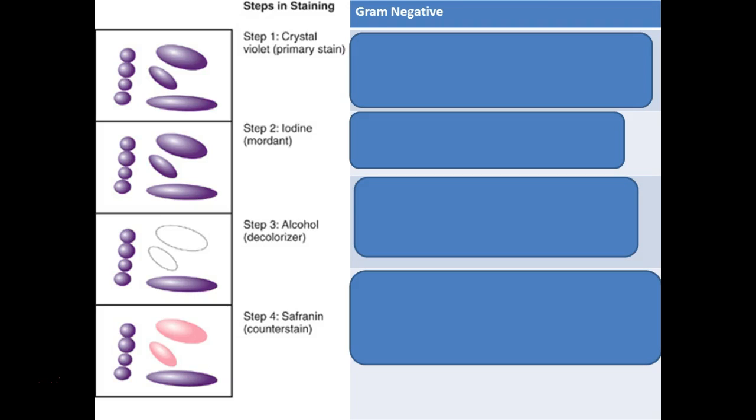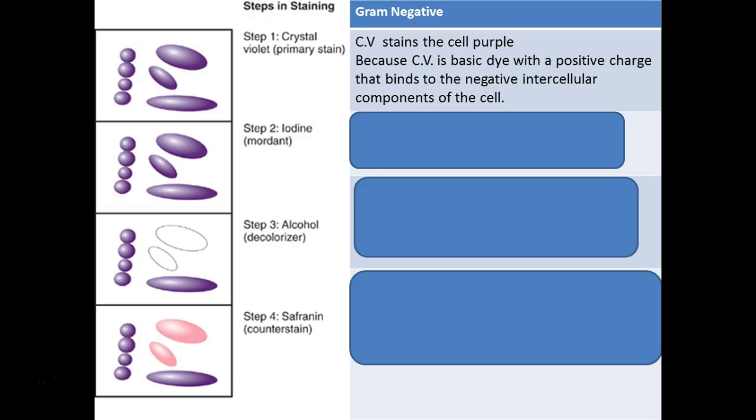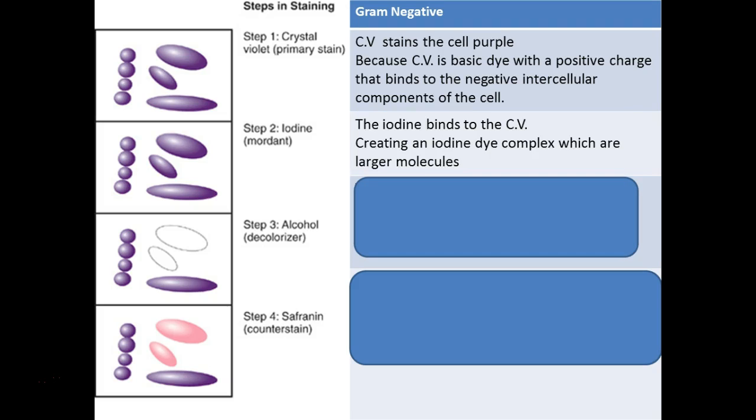Gram negative: stain them with crystal violet, so they're purple. Add the iodine. Still purple. And what did the iodine do? It combines with the crystal violet. Okay, now we're going to decolorize. The outer membrane gets damaged or removed.